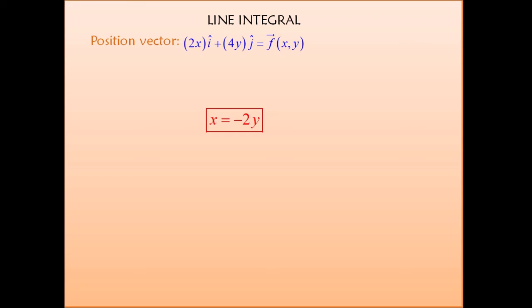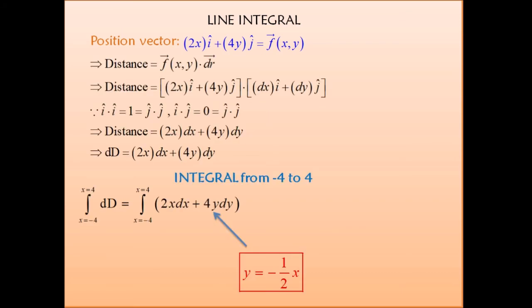So if we take the value of y in terms of x, then we get y equals minus half of x. Now we will substitute this value in this term.